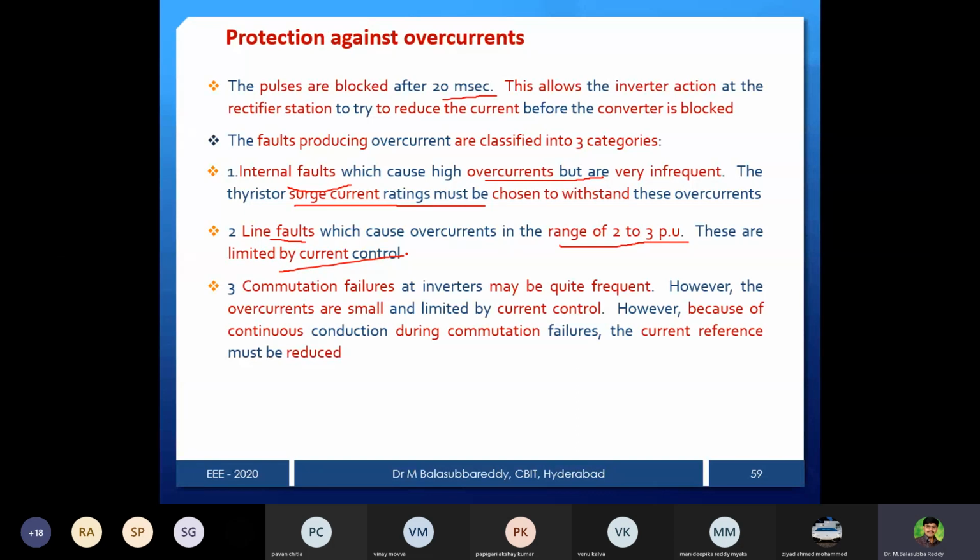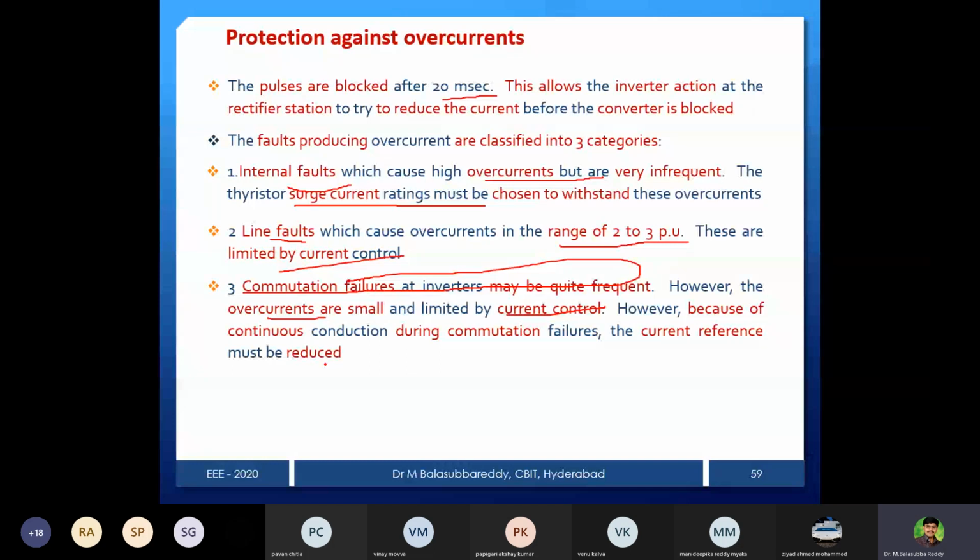And the third one is a commutation failure at the inverter. This is quite frequent; this commutation failure will happen regularly. However, the overcurrents are small and limited by the current controller because of continuous conduction during the commutation failure. Current reference must be reduced.